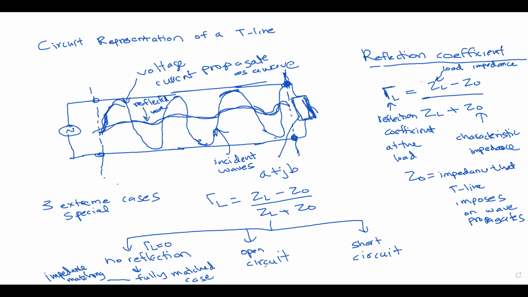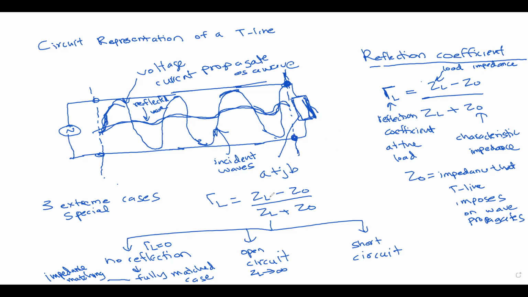Okay. And then if we have an open circuit at the end of the line, that means we have a very high impedance at the end of the line. The load impedance will be reaching infinity, right?